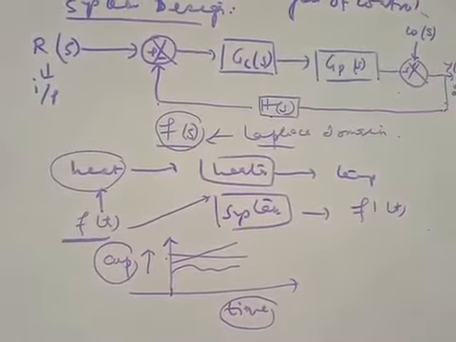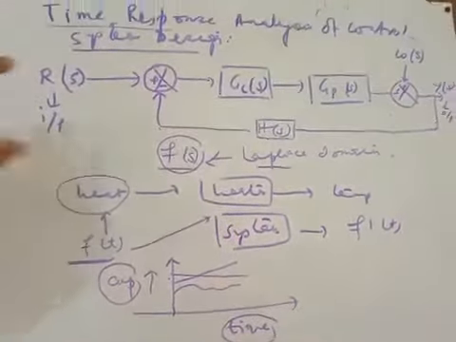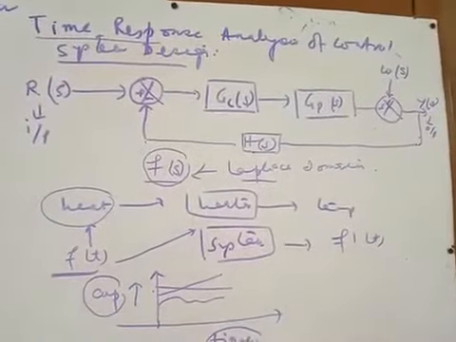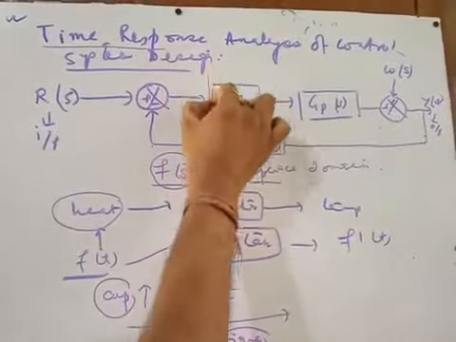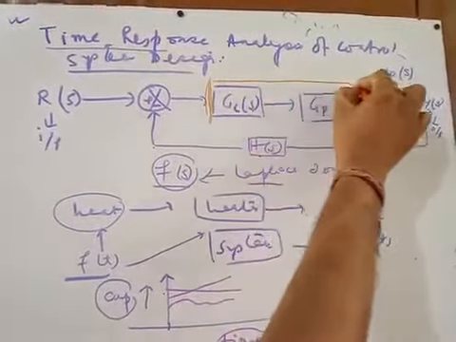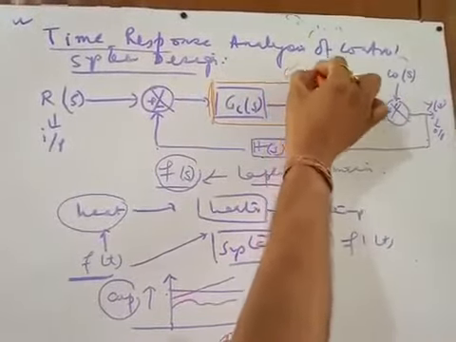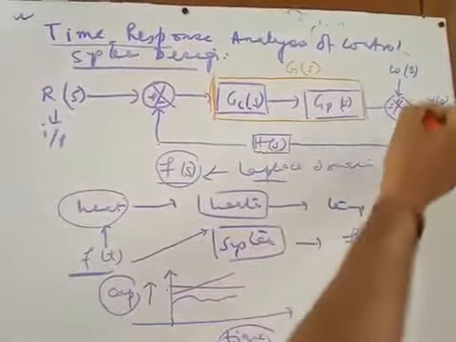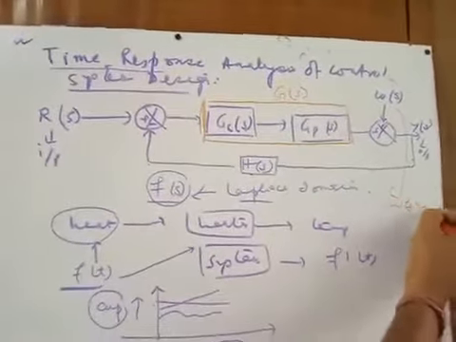Now, this is your basic block diagram. For simplicity, this part is taken as G(s) and W(s) is taken as 0.